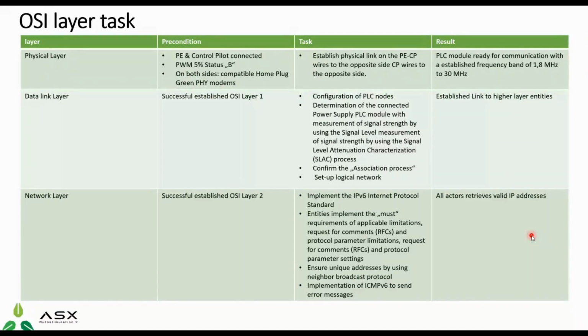After that we have the data link layer, where the configuration of PLC nodes and the establishment of the PLC communication happen. SLAC is also part of the IP layer communication for the PLC.